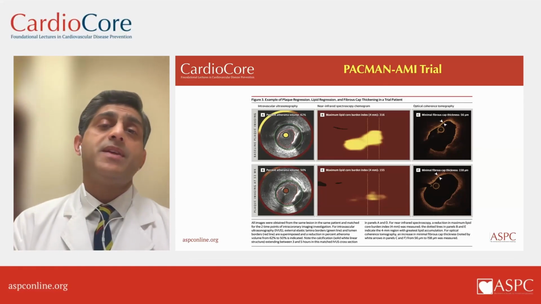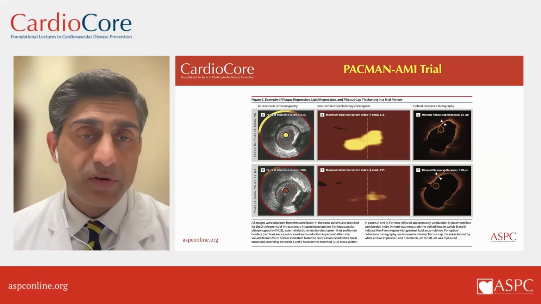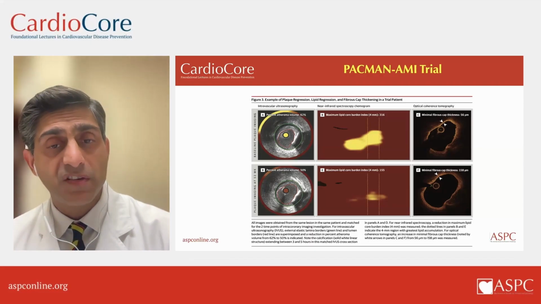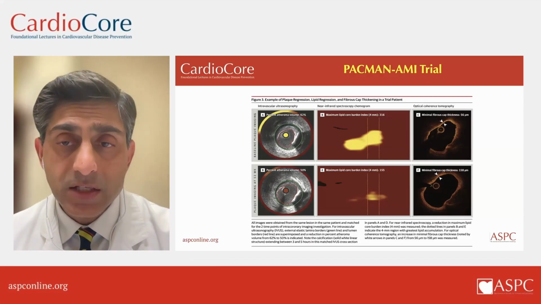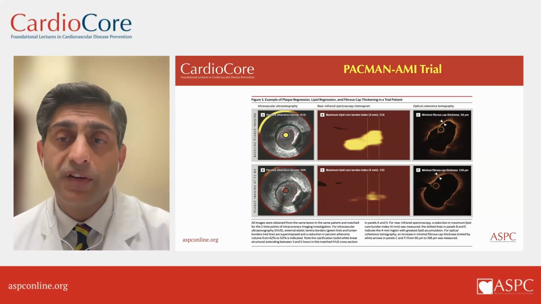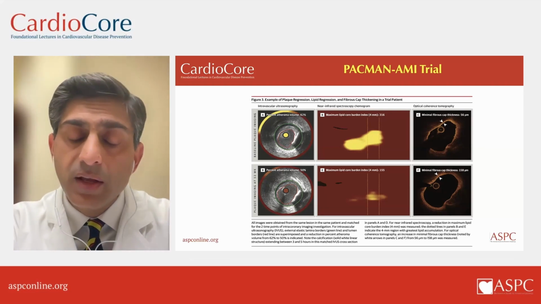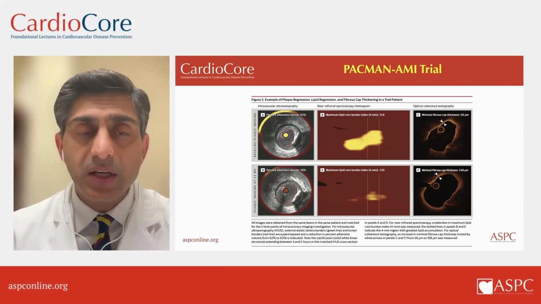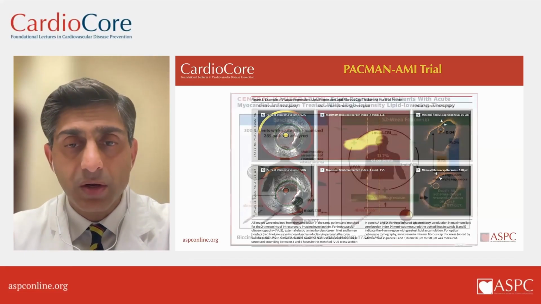You can see that in this trial, the atherosclerotic volume goes from 62% to 50%. Your lipid core burden index is reduced. And actually, interestingly, you see thickening of the fibrous cap, which to cardiologists like myself would really show stability of that fibrous cap and less propensity to rupture.